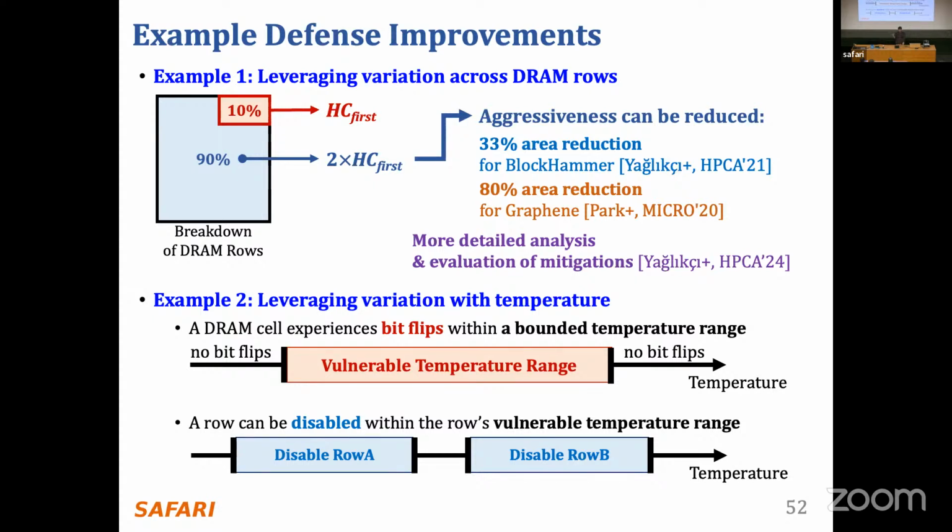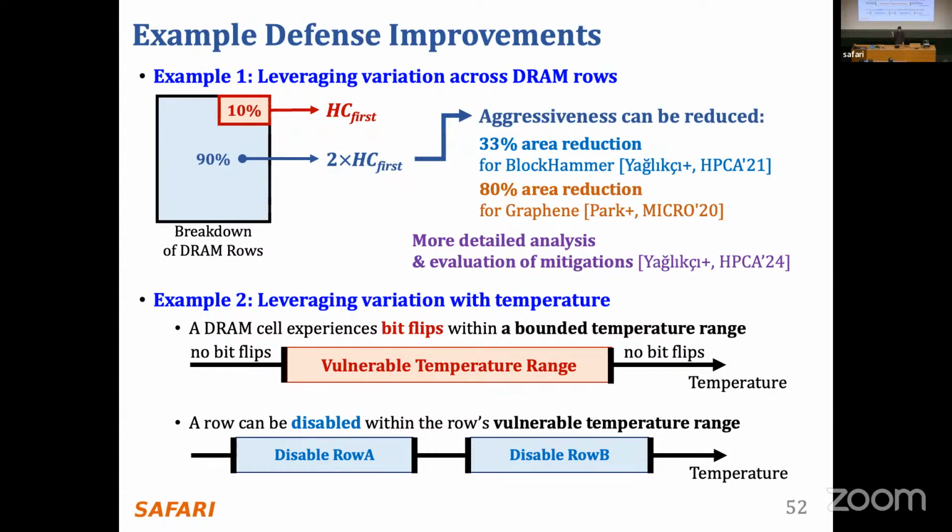And let's say the rest 90% of the rows need twice the number of activations to induce a bitflip. Then your mitigation mechanism can leverage this heterogeneity in RowHammer vulnerability, so that you set different aggressiveness for different parts of the rows that have different RowHammer vulnerabilities.